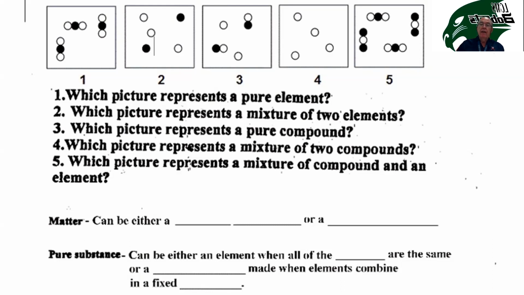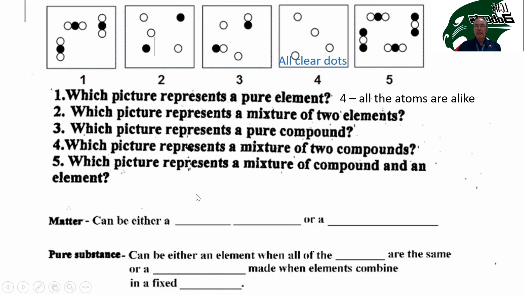Well, you should have answered these yourselves while you had the video paused. The first one says which represents a pure element. Well, we know that it has to be the same and it has to be single atoms. So, number 4: all of the atoms look the same and they're not attached to any other atoms.